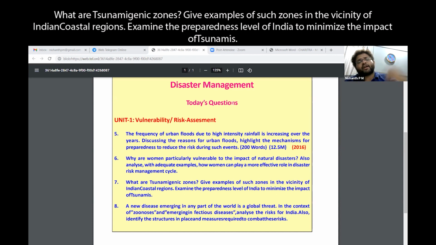And then we can conclude saying that after 2004, India has come a long way in getting prepared for tsunami. Even if there is any disaster of that kind, India is in a very good position today to handle such incidents. Clear?